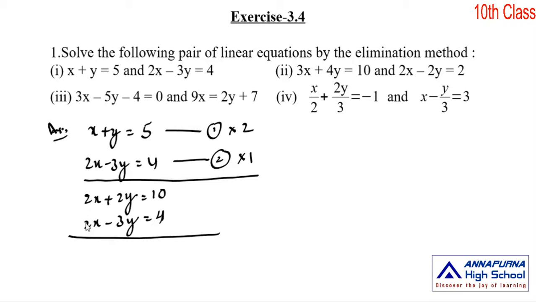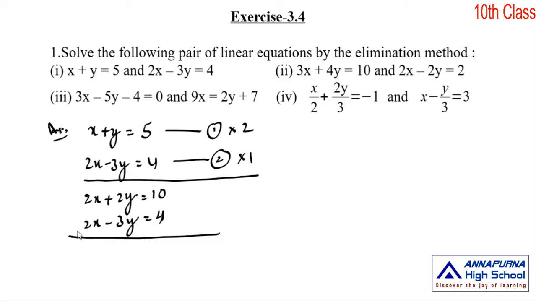Then you add these two equations to eliminate that term, or you subtract the second equation from the first equation. To decide that, observe the signs of the corresponding terms. Here the sign of 2x is plus, and here the sign of 2x is plus. So when you add these two, 2x plus 2x, we get 4x, so it is not eliminated. That's why here you subtract the second equation from the first equation.